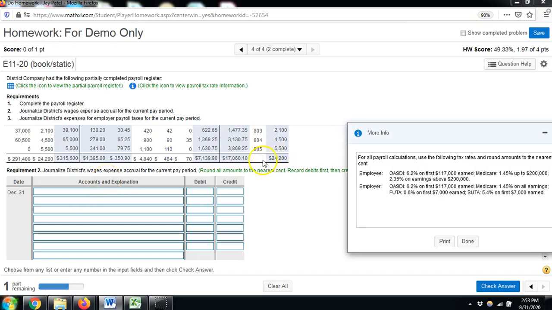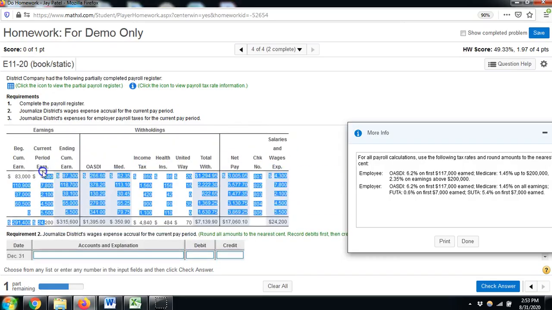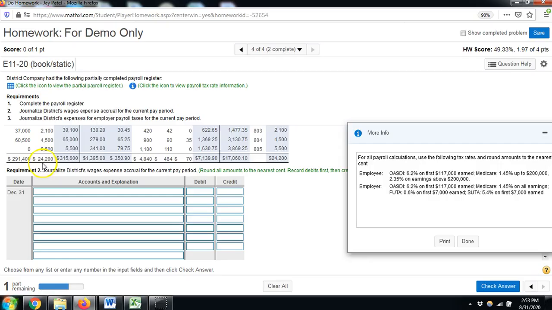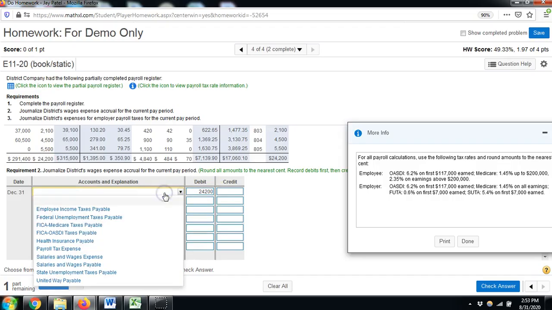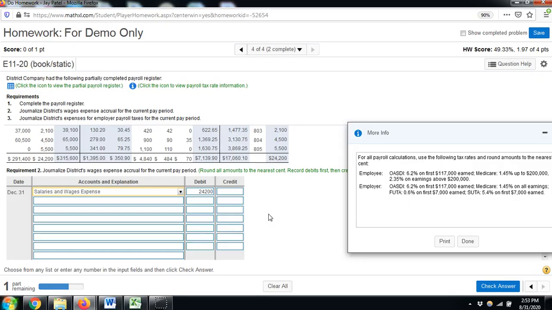As I said before, the total expense of the business is basically the gross pay. So this 24,200 is going to be our expense because that is money that's going to be leaving the door. So that's our expense. But we have a number of items that this 24,200 will be distributed to.